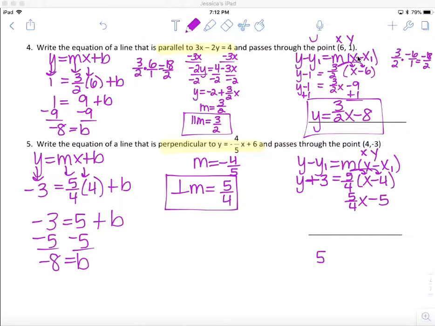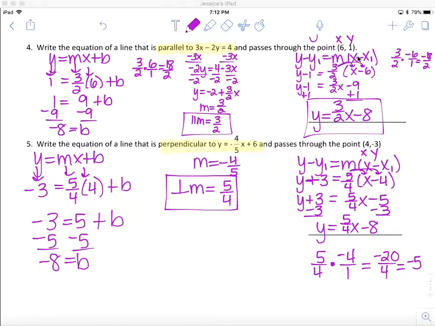If that confuses you, 5 over 4 times negative 4 is the same thing as negative 4 over 1. 5 times negative 4 is negative 20. 4 times 1 is 4. And negative 20 over 4 is negative 5. From here, I'm going to move the 3. The opposite of adding 3 is to subtract 3 on both sides. And we get y equals 5 over 4x minus 8.